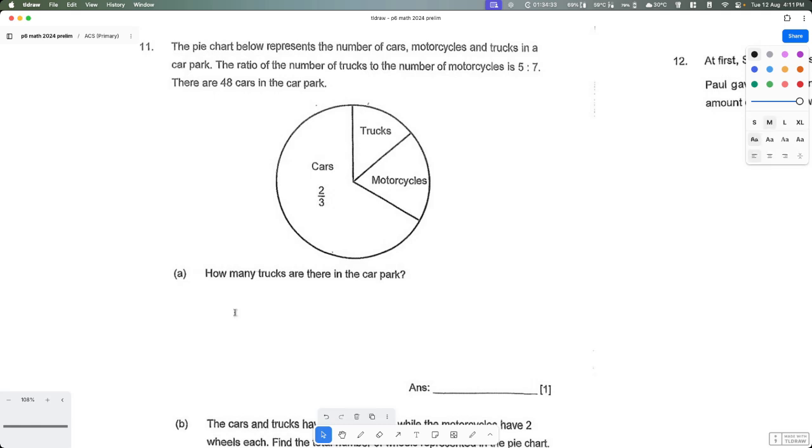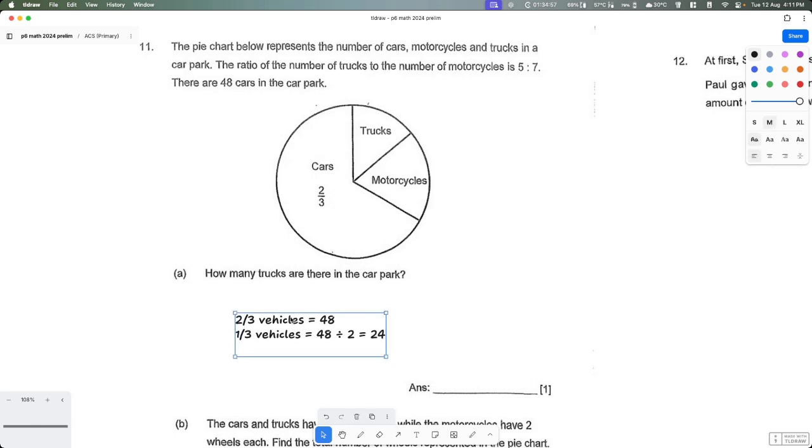Okay, so we know that 2 out of 3 vehicles is equal to 48. Not 58, 48. So that means one third of the vehicles is equal to 48 divided by 2, and this will give us 24.